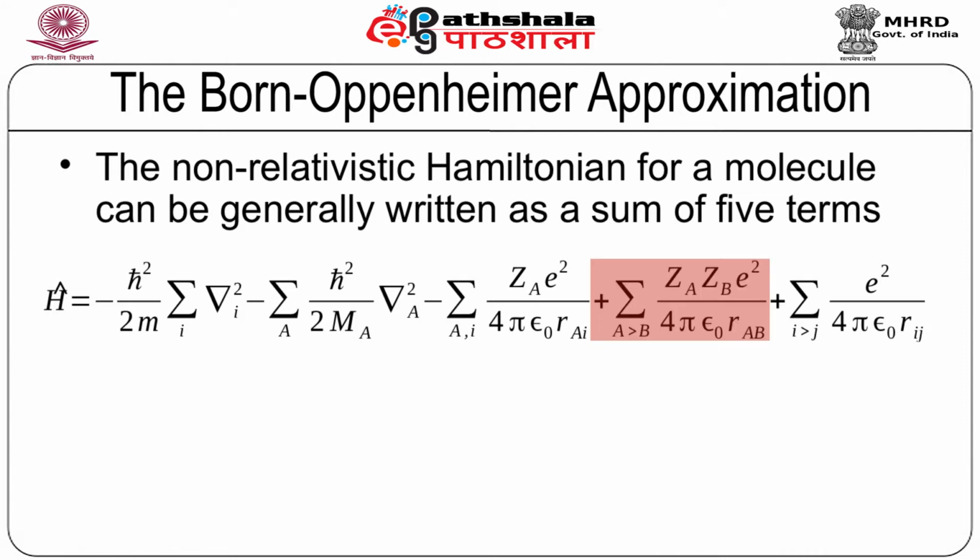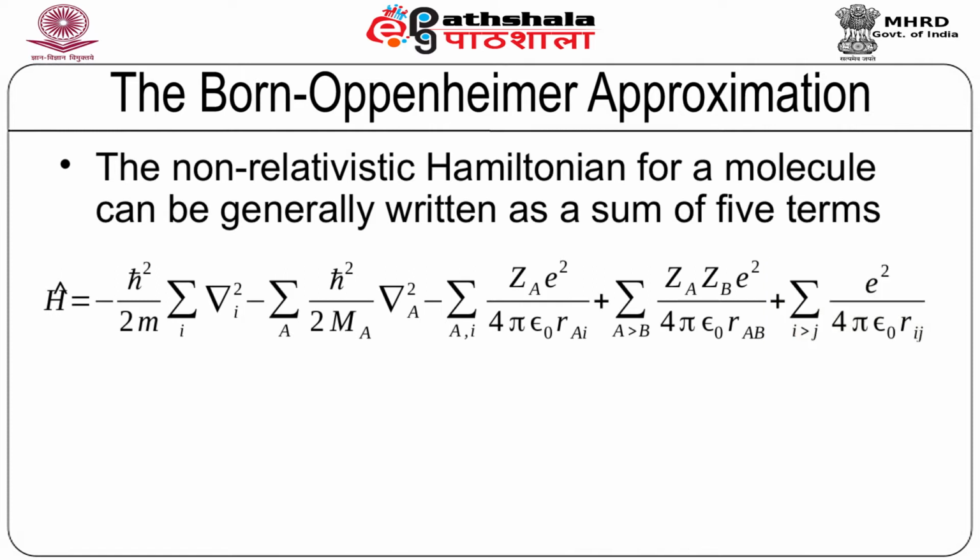Then, sum over A and B Z_A Z_B e square by 4 pi epsilon 0 R_AB. This corresponds to the repulsion between the nuclei, plus sum over i greater than j e square by 4 pi epsilon 0 r_ij, which corresponds to the repulsion between the electrons.